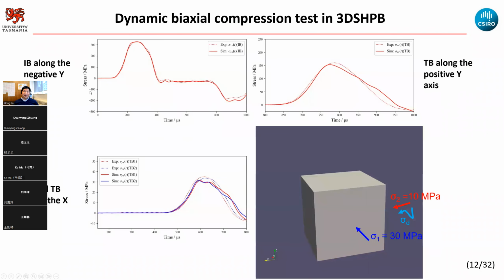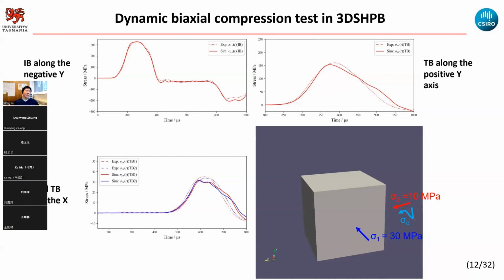The other is the comparison of stress wave propagation in the incident bar and the transmission bar. And here, this shows another view, only the rock sample. So here, this is the confined case. We have this direction.